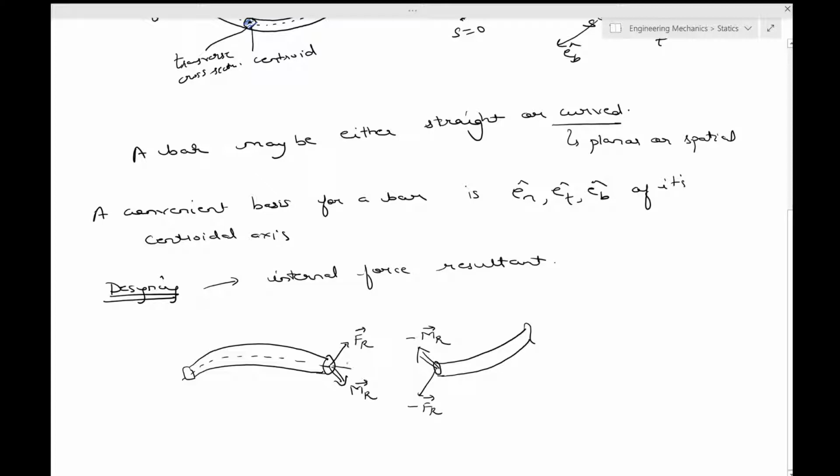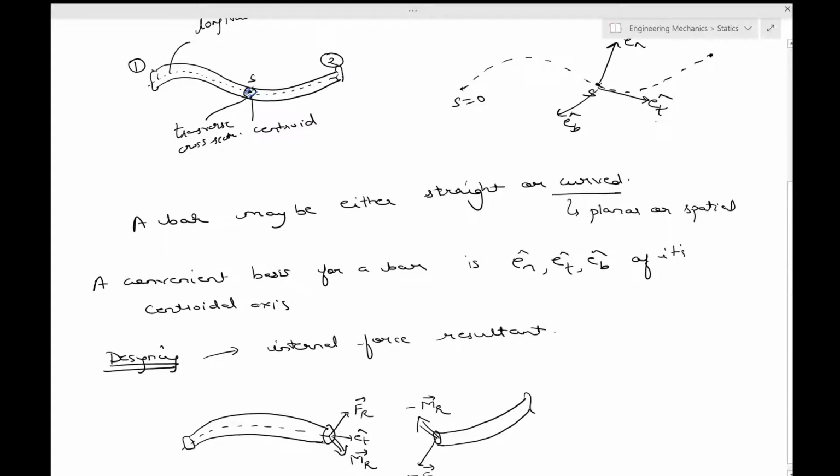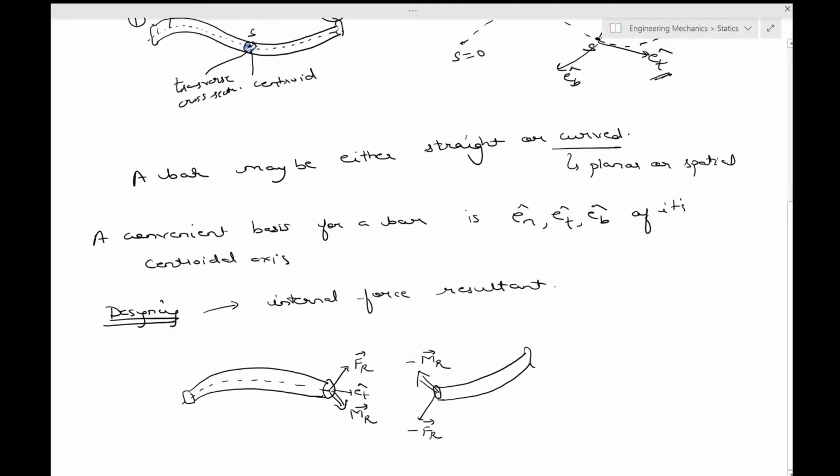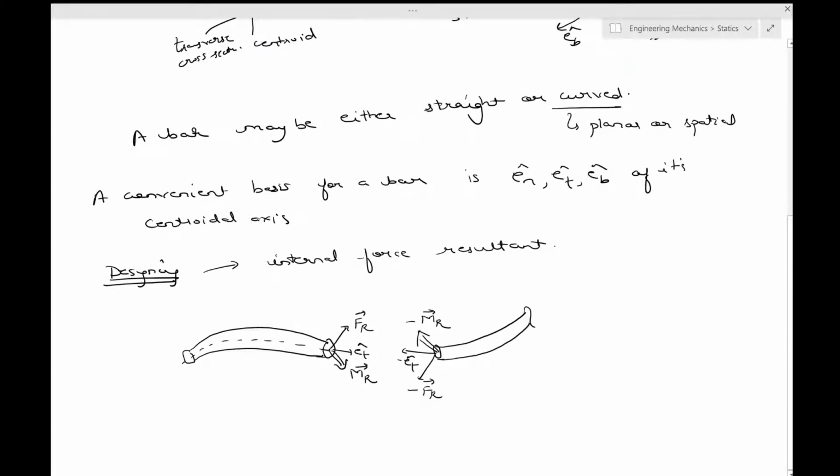And then you have this tangential direction e_t. That e_t is coming just from over here, and this would be minus e_t clearly. Fine. So that is C clearly, the centroid C.